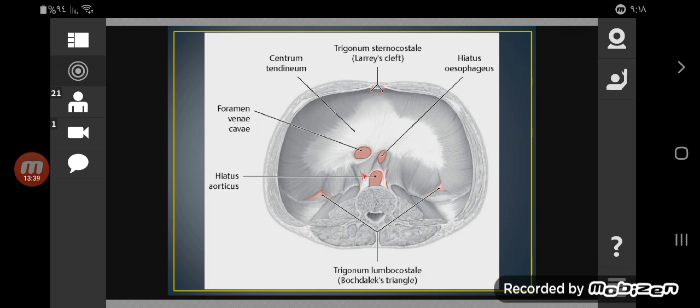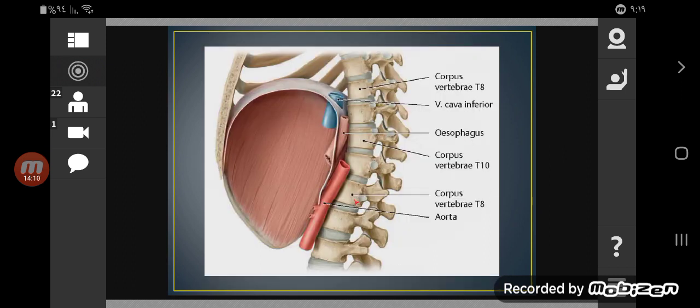For example, here you can see the gap for the greater, lesser, and least splanchnic nerves, which arise from the thoracic sympathetic trunk to reach the plexuses in the abdomen: celiac plexus, renal plexus, aorticorenal plexus. The splanchnic nerves pass through the crus of the diaphragm by this gap. All right.